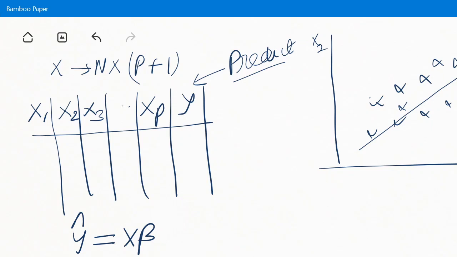And for that we have an objective function, which is a sum of squared error, which is actually the vertical distances from this fitted line, and we can write it as sum squared error as y minus y cap.